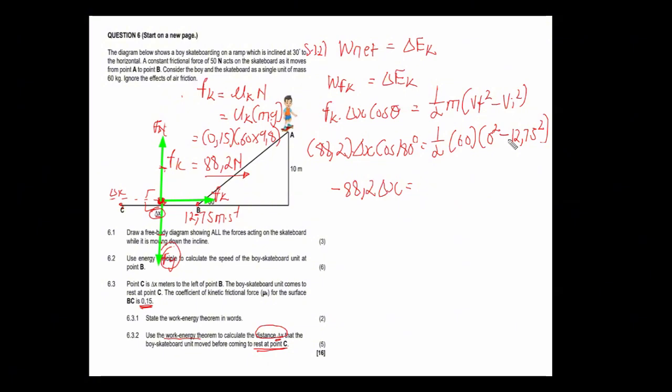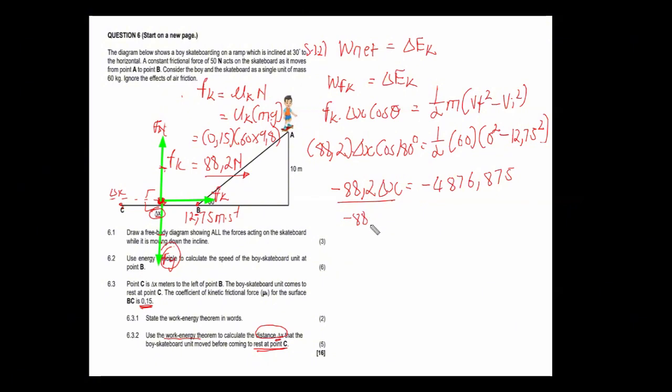That's 1/2 and then 60 and then 0 squared minus 12.75 squared, then close the bracket. So make sure that you punch in everything exactly as it appears, and then always double check. Guys, there are so many mistakes that always come with people punching their calculators. So every time you punch in a calculator, confirm, redo it again to make sure that everything that you punched in there is correct, right?